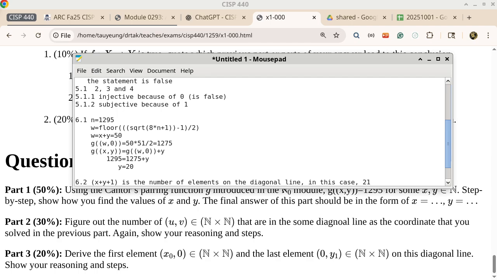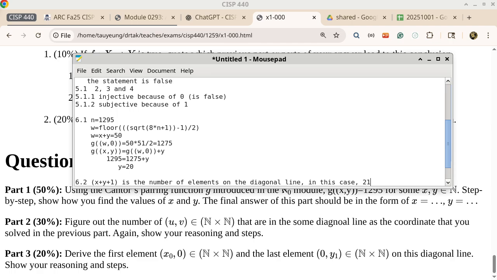Do you know why there's a plus 1? What is the quickest way to realize that it's not just x plus y, but it is x plus y plus 1? What edge case do you use to realize there's a plus 1? Where does 0 go?